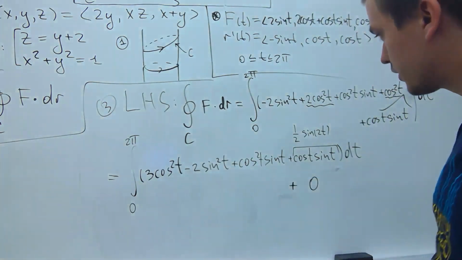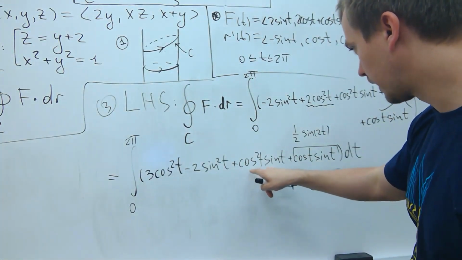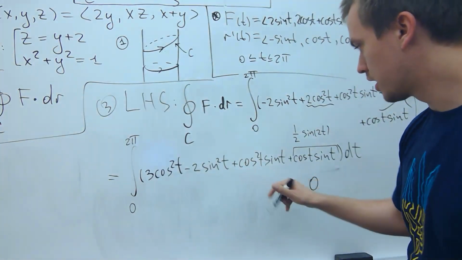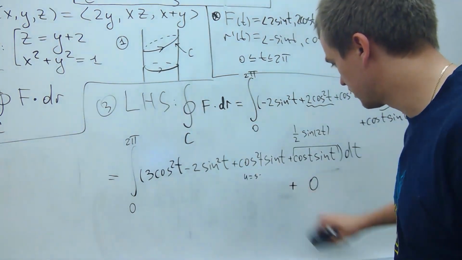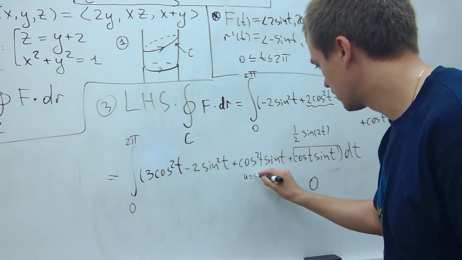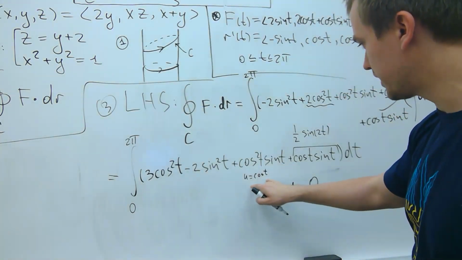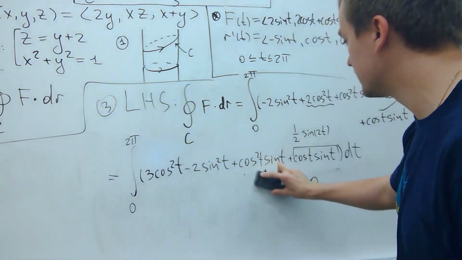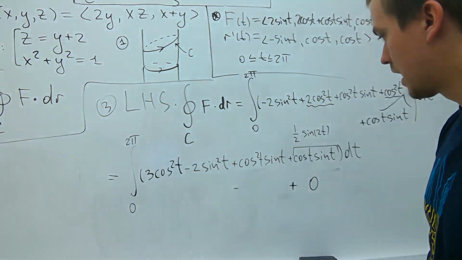This one, we can use a really fast computation. Here I'm going to use u-substitution. I'm going to let u equal cosine t. So du is going to be negative sine t dt, so we'll have the minus sign over here.